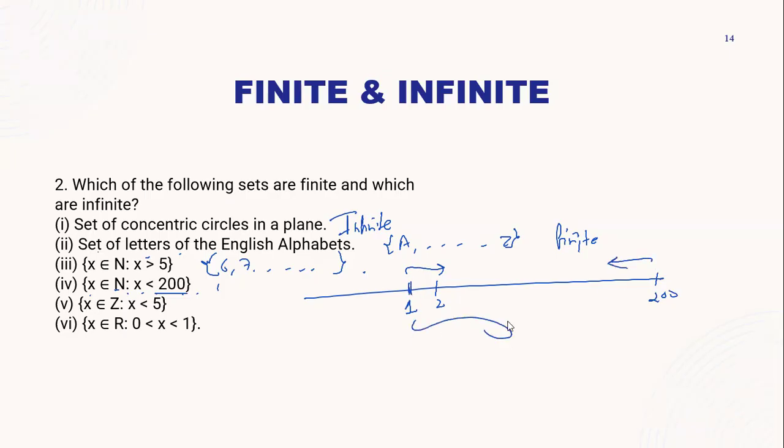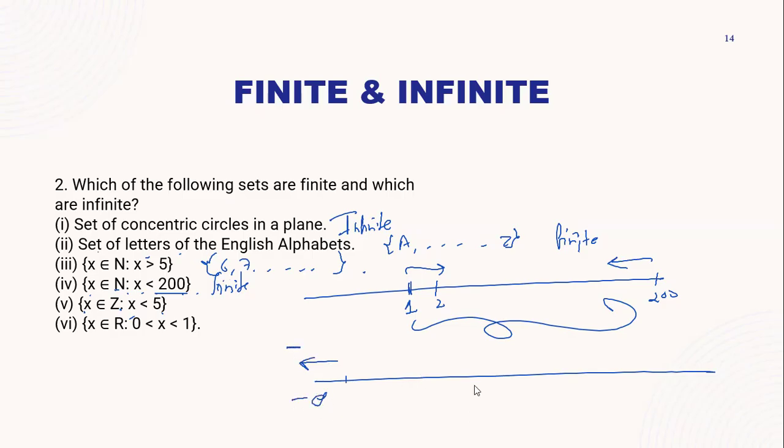So we have a finite set. Finite. x belongs to integers and x should be less than 5. See, integers do not have any limit. They can go in the negative as well, infinite. They are mentioning that it should be less than 5, so infinite.